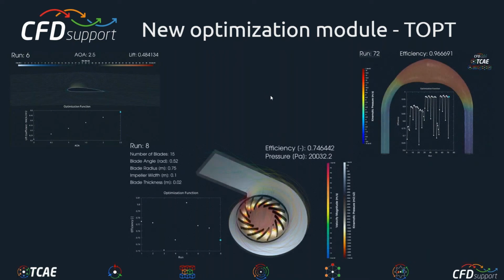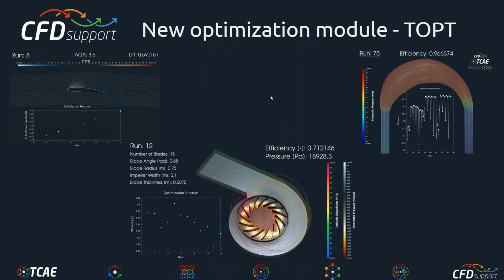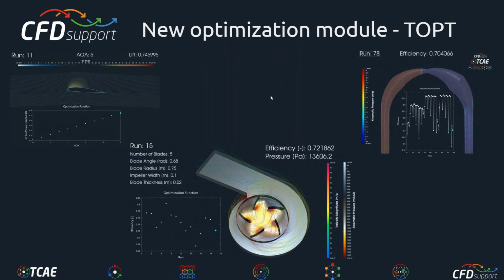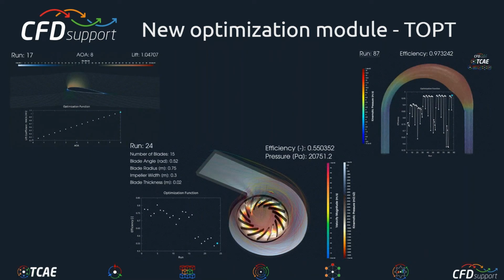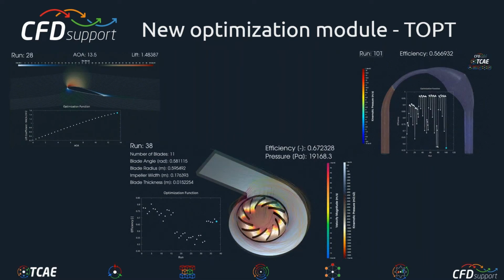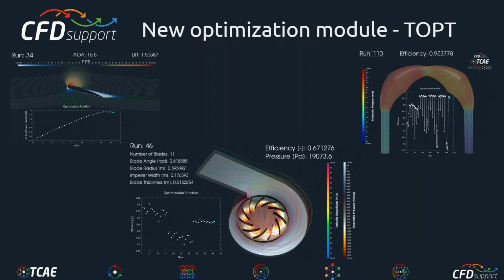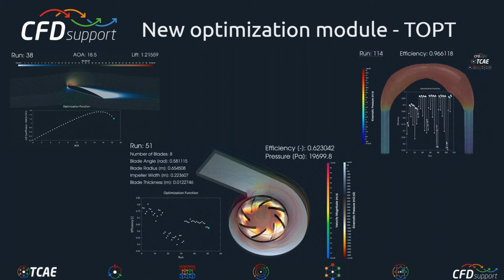The last quick example we prepared is kind of a real case, a centrifugal fan, which has its own geometry builder, and now we have 5 parameters: namely the number of blades, blade angle, blade radius, impeller width, and blade thickness.